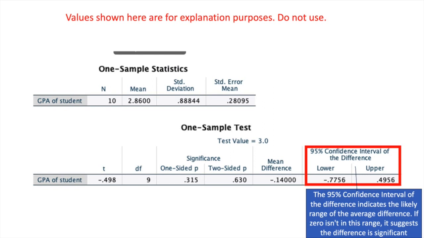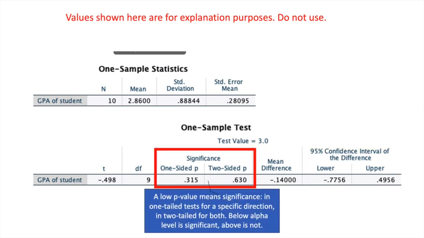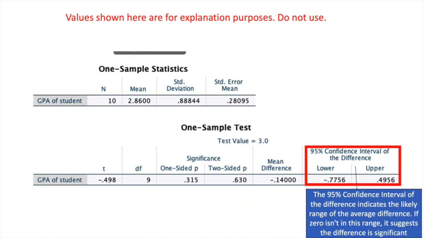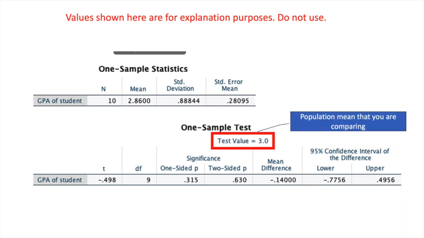Personally, the easier way is just looking at the two-sided p. That's just the simplest way. But if you want to get more knowledge about what these numbers mean, if you have zero in this range, that suggests it's not significant. And this is just the test value, typically the population mean, whatever you want to compare it with.